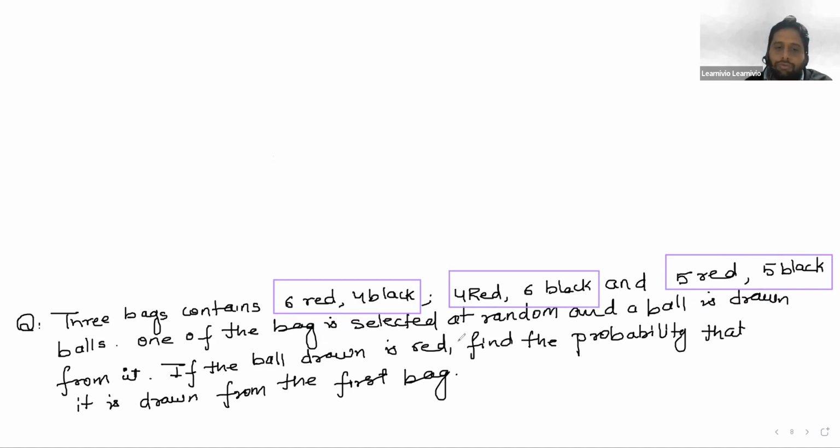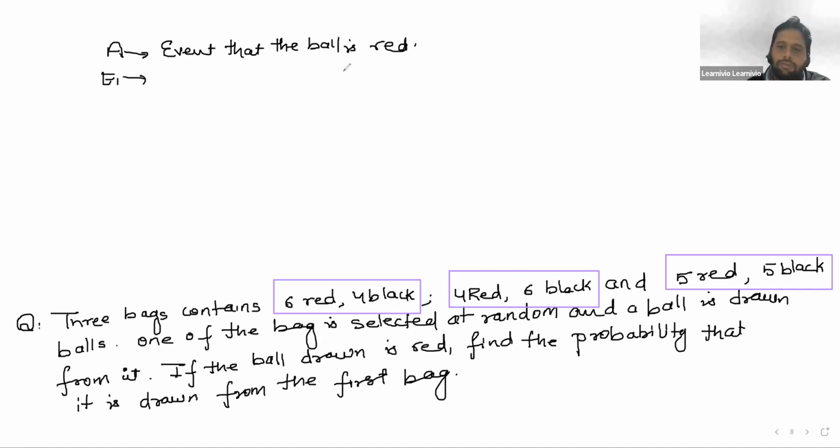I already told you, whatever is given, take that as A. So Nabil, what is given here? Read it. Given that the ball is red. So A is the event that the ball is red.